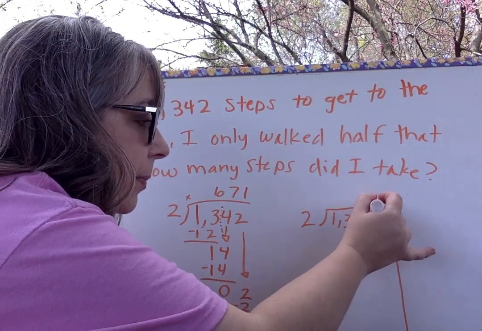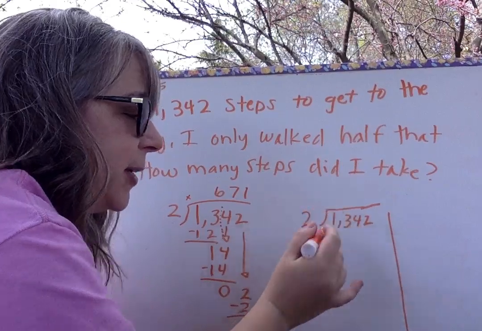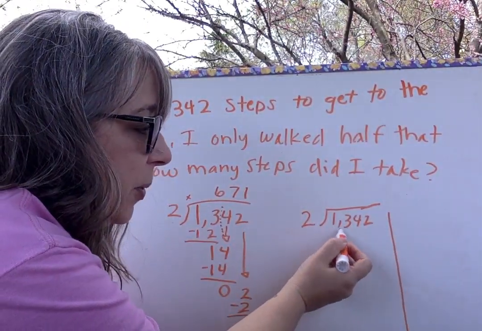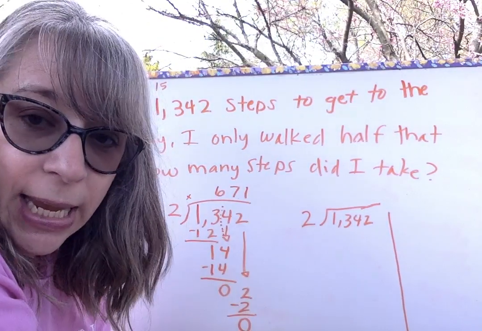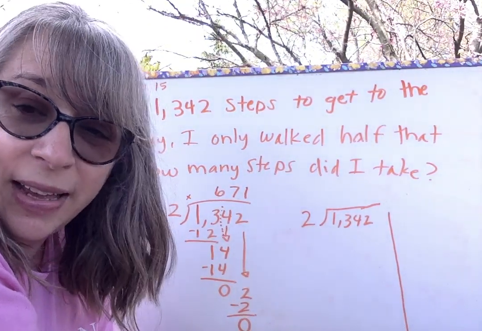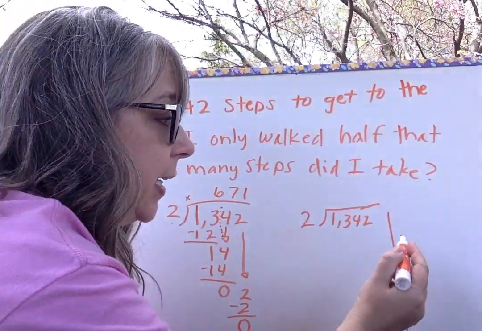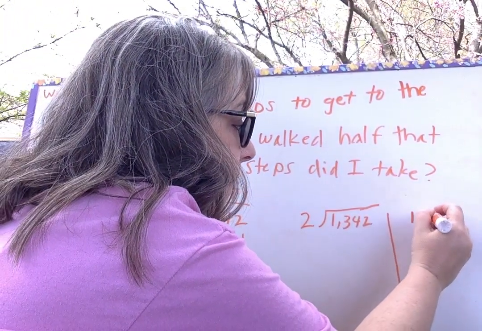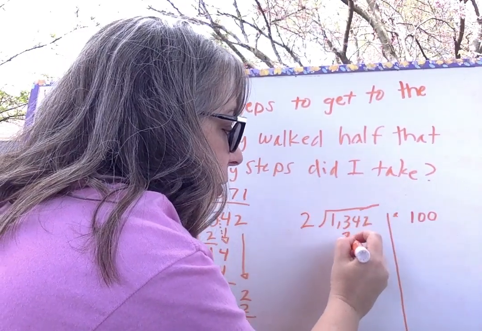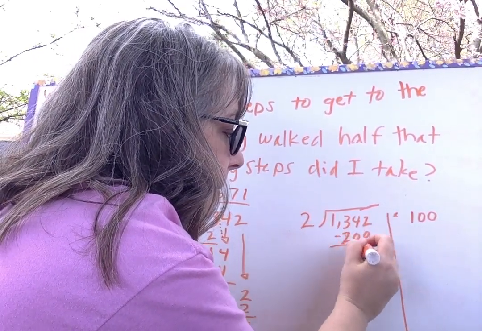So, can we multiply this by 2,000? No, we can't do that because our number is lower than 2,000. But can we do 100? Can we say 100 times 2? Well, that's easy. 100 times 2 is 200, okay?